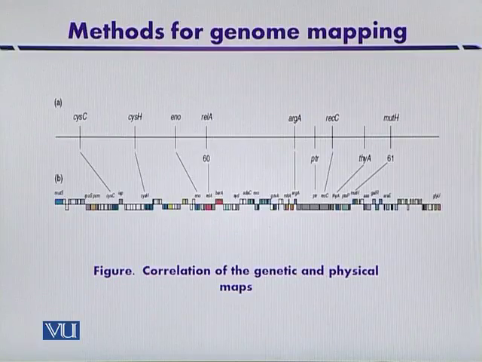Similarly, this diagram shows the comparison between the linkage map and the physical map. The upper one is the linkage map, and the lower one is the physical map, where we have the exact idea of where a particular gene or genetic marker is located.